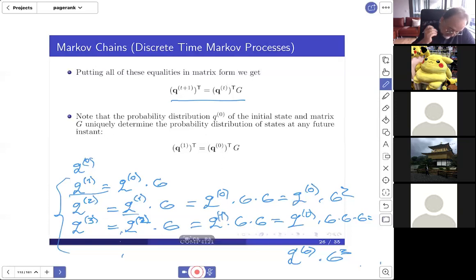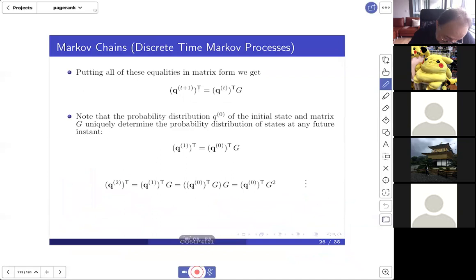So after t many steps, the probability distribution is the initial probability distribution times G to the power t, where t is the number of iterations.